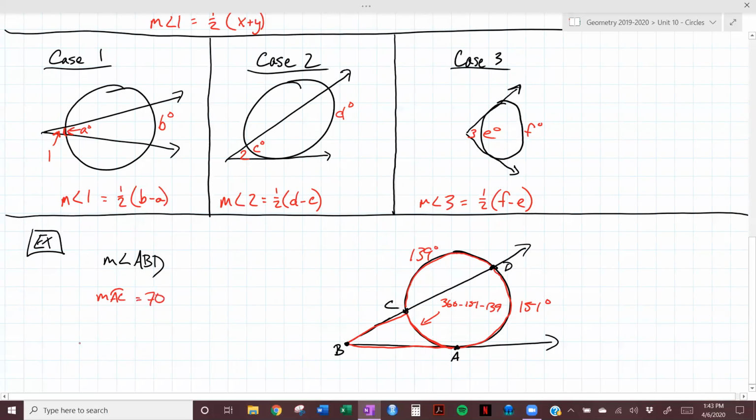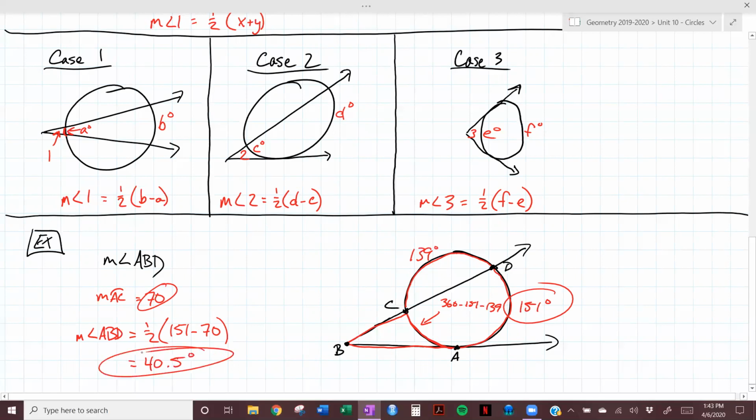Now we can find the angle. The measurement of angle ABD is equal to 1/2. Now this is a case 2, okay? So we have 151 and 70. So it's going to be 1/2 of 151 minus 70, which equals 40.5 degrees. That would be your answer.